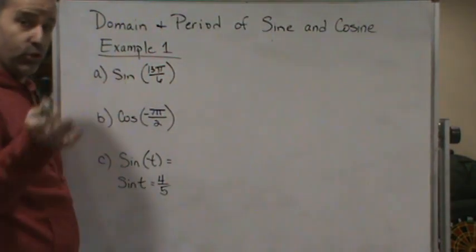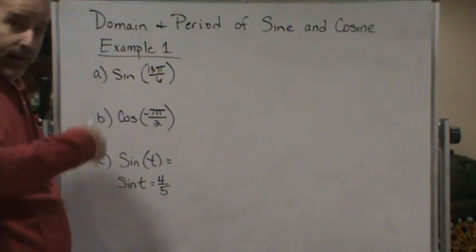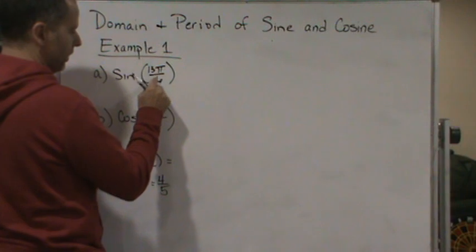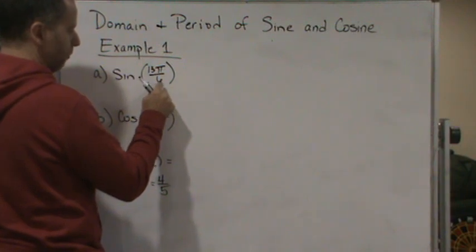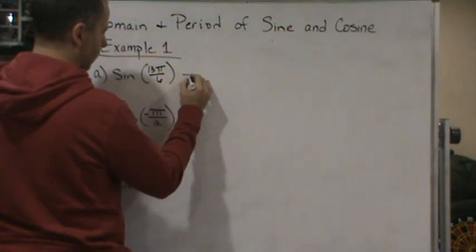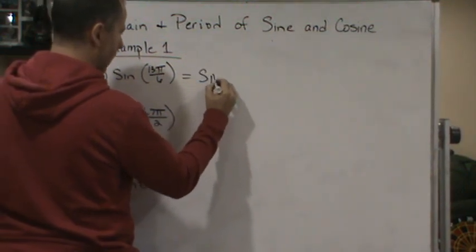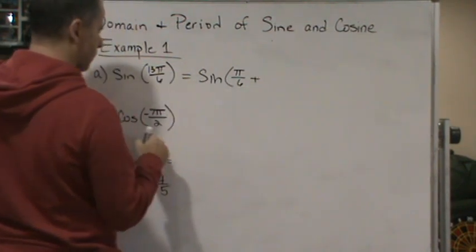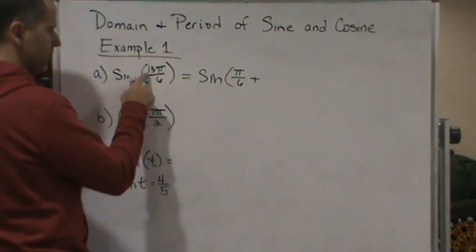So let's see if we can use the periodic relationship, and what I'm going to do is try to write this as a multiple of 2 pi added to the angle. So I'm going to write sine of pi over 6. And now how do I get the 13 pi over 6?